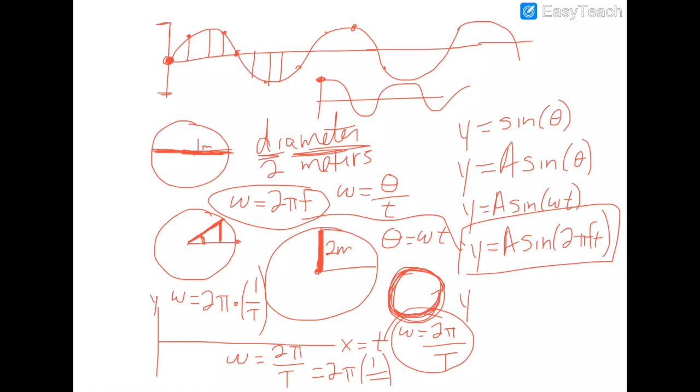But really the final equation, our wave equation, is y equals A, the amplitude, times the sine of 2 pi times the frequency times the time, plus phi. Phi, if you remember, is the phase angle, the starting angle. Okay, so this is our wave equation.